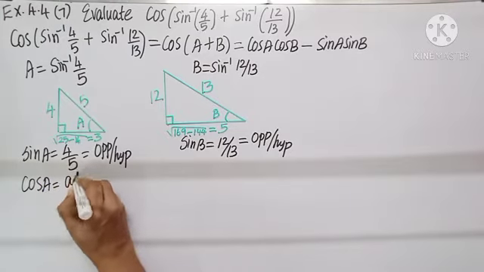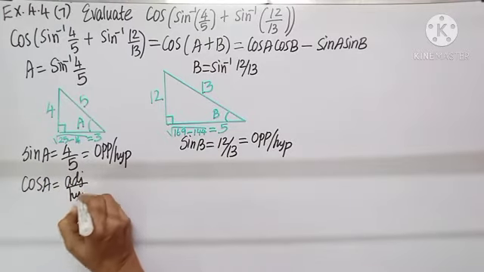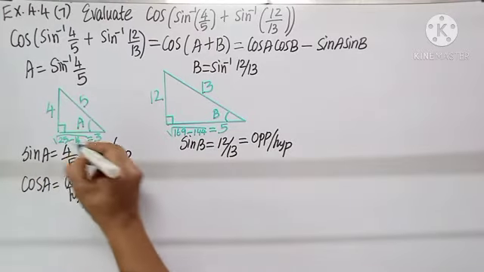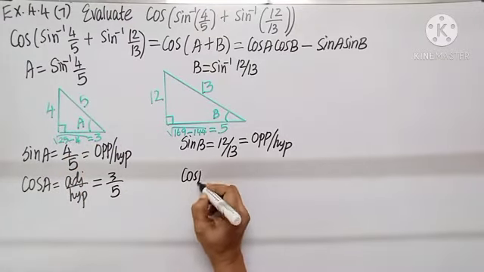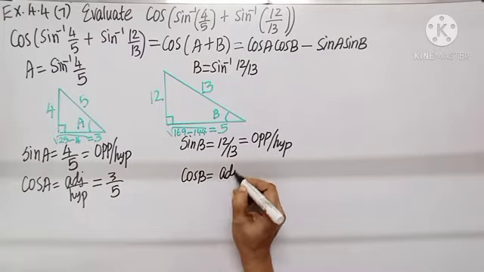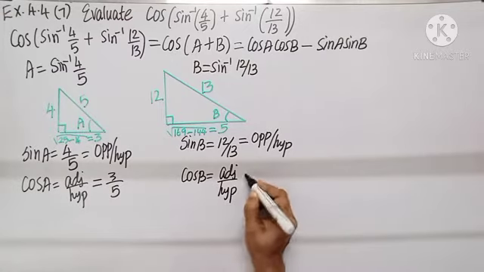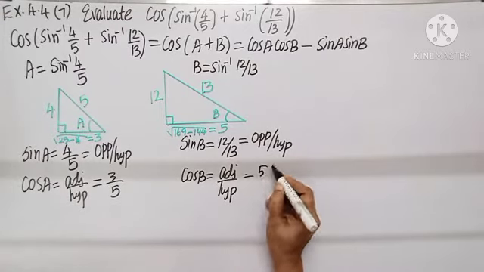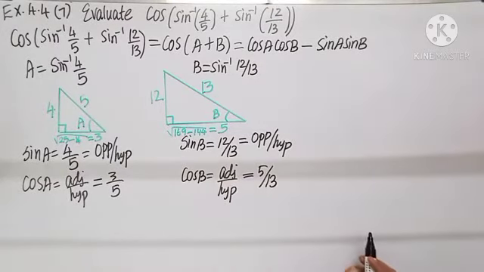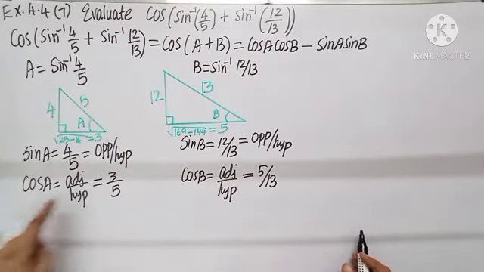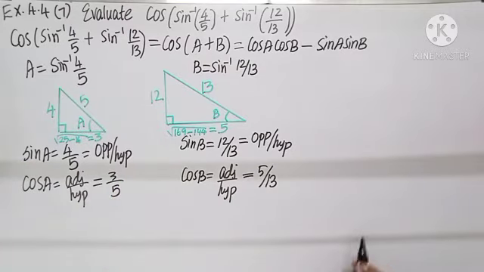Cos A formula adjacent by hypotenuse, or I will say 3 by 5. Cos B, same pattern, adjacent by hypotenuse. Adjacent is 5, hypotenuse is 13. Now that I know sin A, cos A, sin B, cos B, put them back in the question.